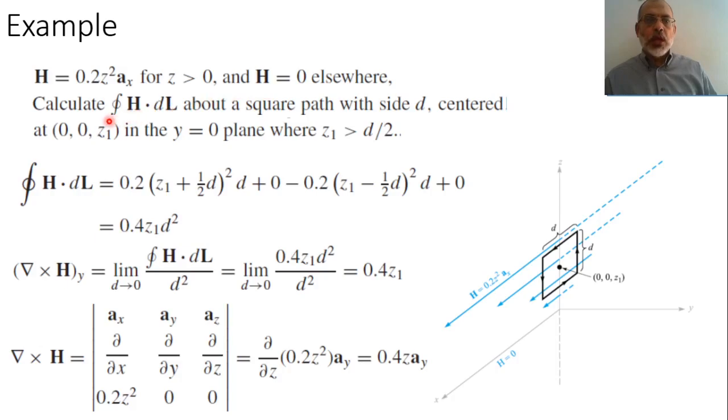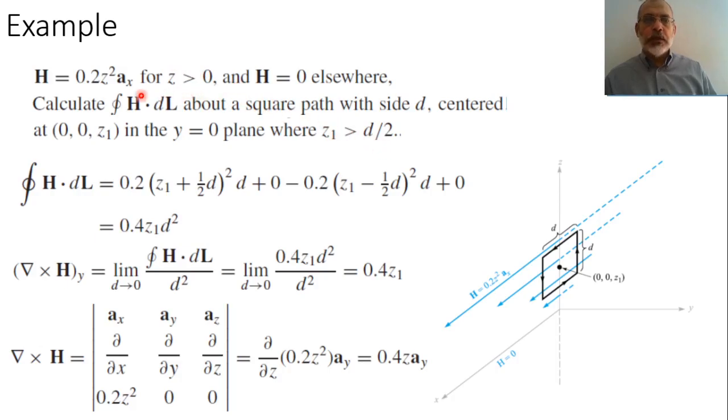It is required to calculate the closed integration of H dot dl about a square path with side d, centered at the point 0, 0, z1 in the y equals 0 plane, where z1 is d over 2, or in other words, z is greater than 0.